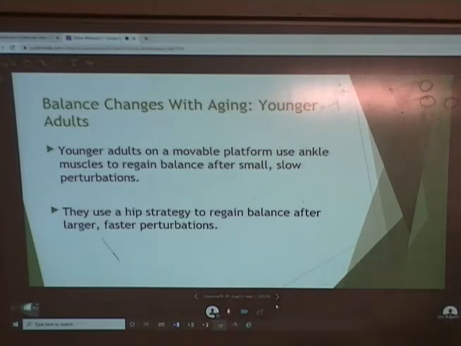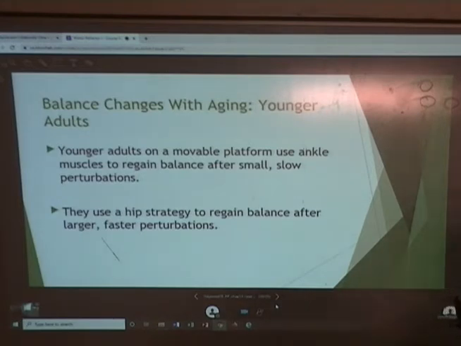So in a similar idea to that moving room, another piece of equipment that they use in the biomechanics lab is a force platform. Then what they did was they made the force platform movable, so they put it up on little wheels instead of setting it in the floor.